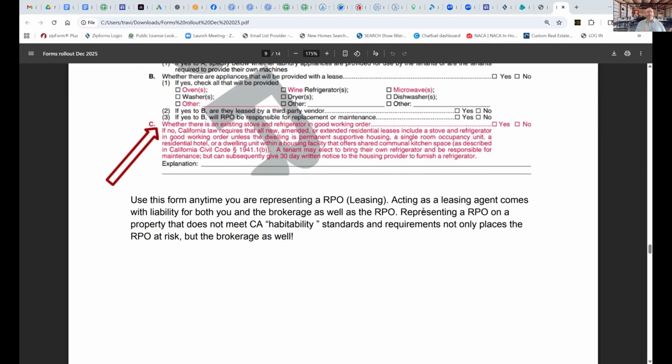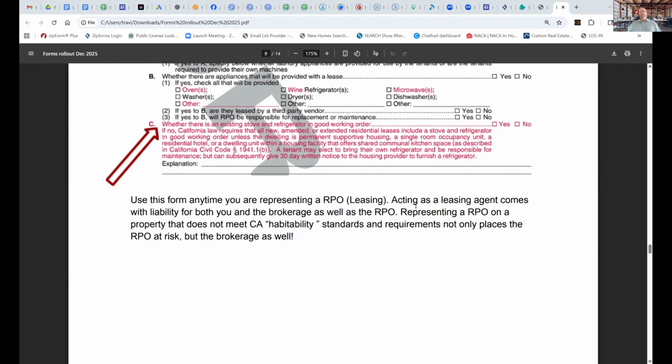So if we are representing owners who are not maintaining their property as they should be, and they're out of compliance, they don't have the stove, the refrigerator, different things like that, that falls back on us as well. So I highly recommend, do not take those types of listings.